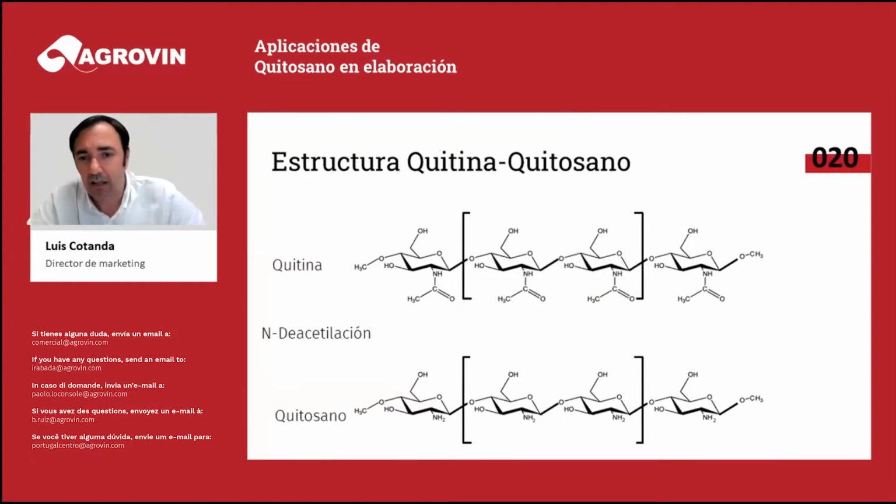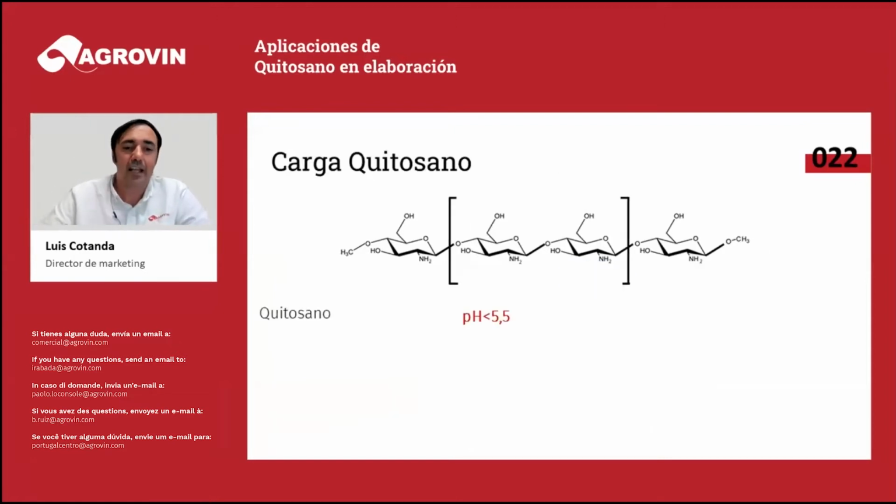In fact, chitin is a biopolymer that is present in the exoskeleton of insects and in some microorganisms, and when it is deacetylated, the amino group becomes terminal, and then it produces chitosan.